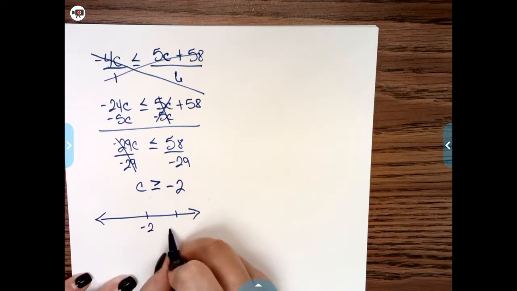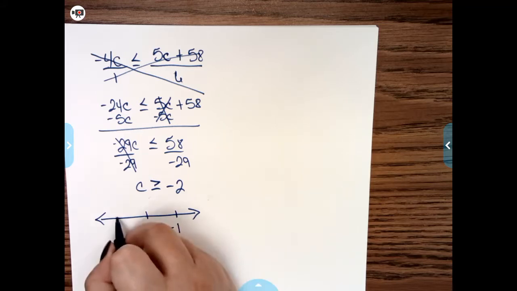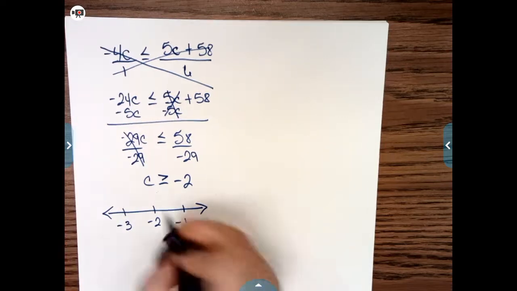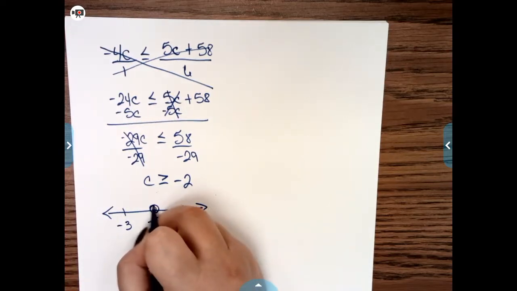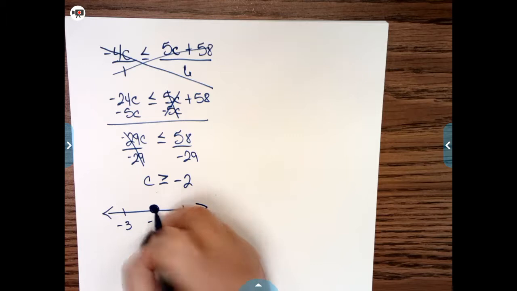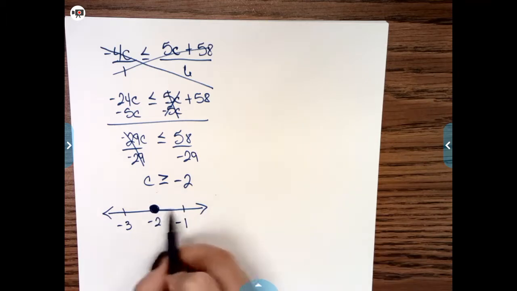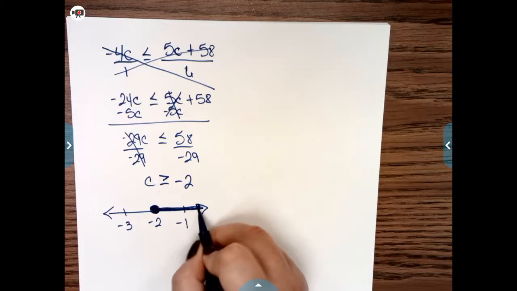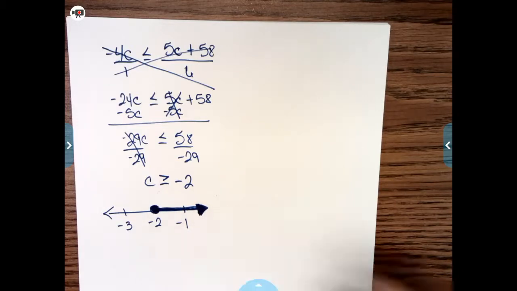I show the number greater than negative 2, which is negative 1, and the number smaller than negative 2 is negative 3. And then it's greater than or equal, so the closed circle means negative 2 is included, and then everything greater than. So your solutions could be negative 2, negative 1, 0, and on into the positives.